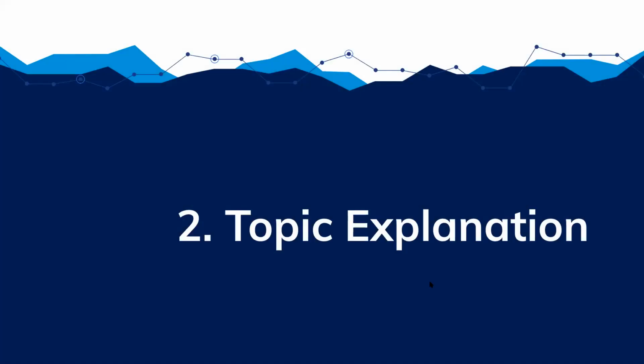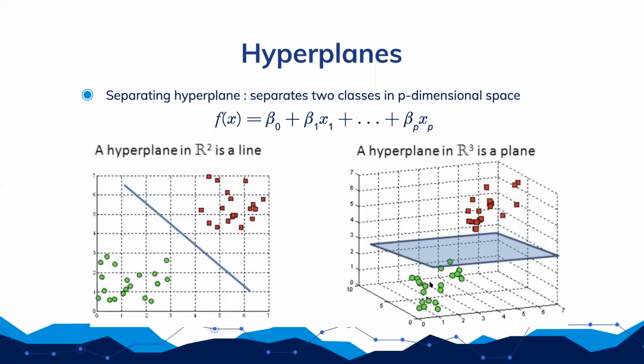So first let's look at hyperplanes and what they are. You should have a big idea of what hyperplanes are. If we have two classes, one obvious way to classify them is to draw a line. All observations on one side of the hyperplane would belong to this class, and all other observations belong to the other class.